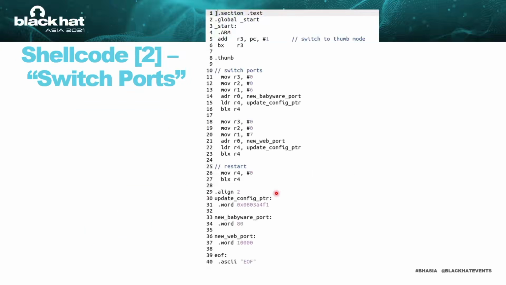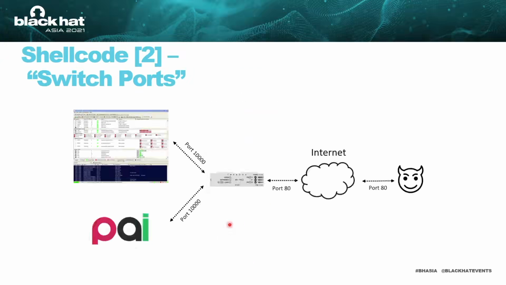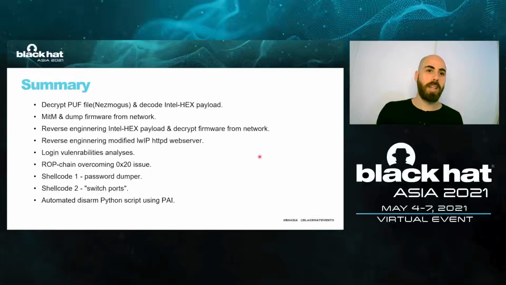For that, I created this shellcode, which essentially used an update config function, which is built into the firmware, and tells it to switch the services. So now what we get is that port 10,000, the management port, is actually port 80, and it would be open to the public internet. And that's pretty much it.